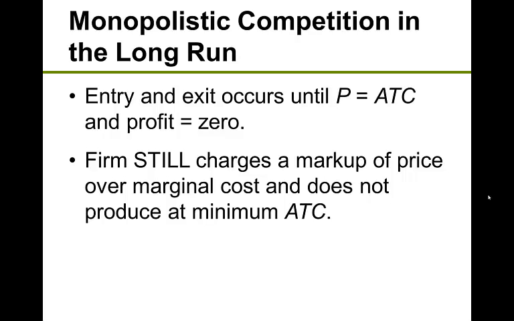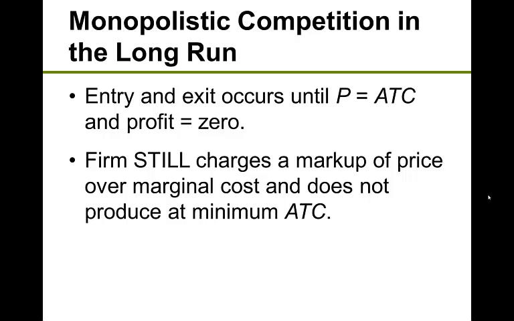So what happens in the long run? Well, we kind of saw in the short run that the model looks a lot like a monopoly. In the long run, we're going to have this weird hybrid of monopoly and perfect competition. So we have free entry and exit in our marketplace.